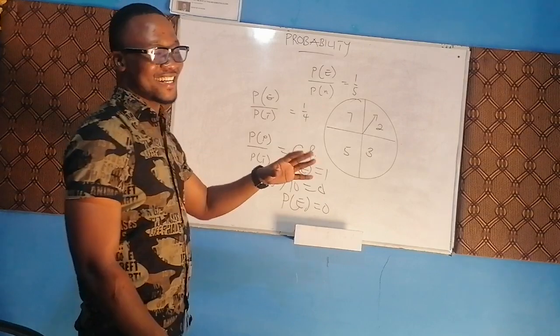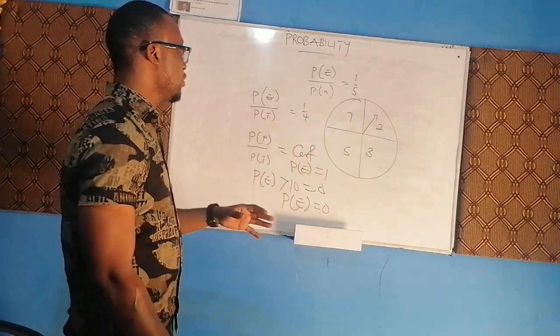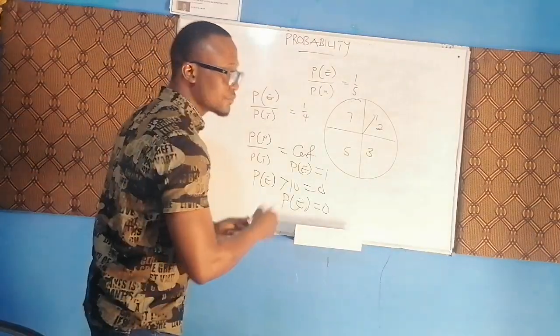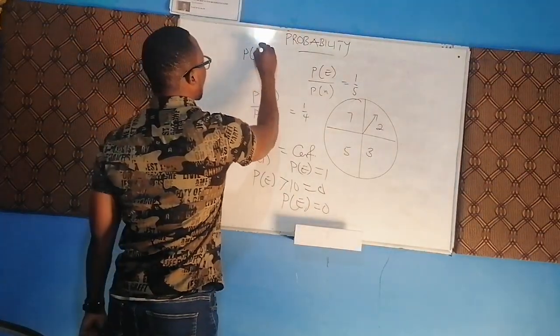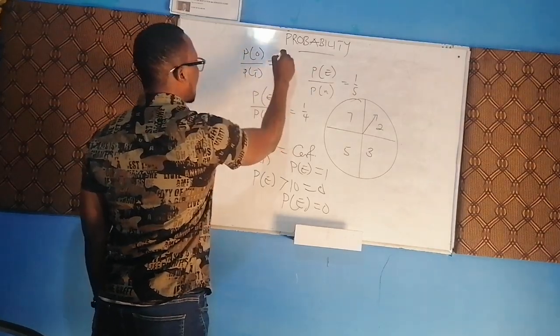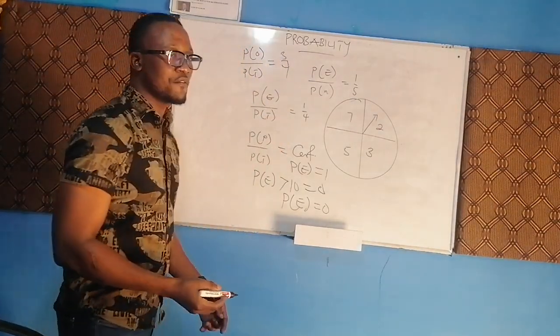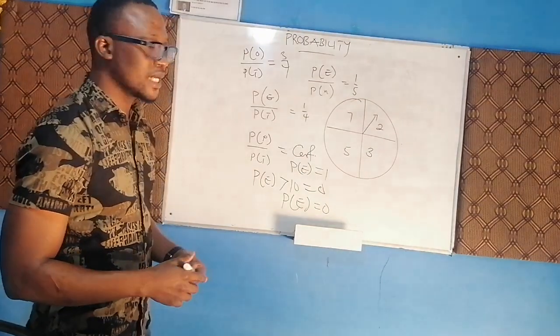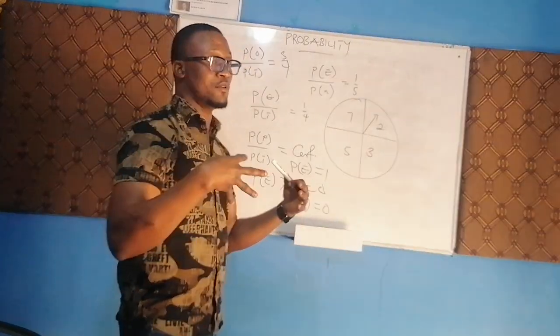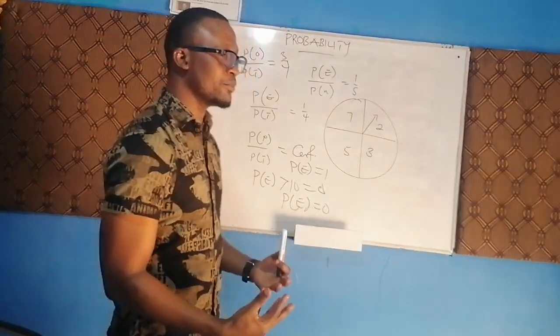All right, so basically that's what we're trying to say. What about the probability of you getting an odd number? 3 out of 4. So in that case, we have 3 over 4. Basically, this is a simpler way of understanding probability.